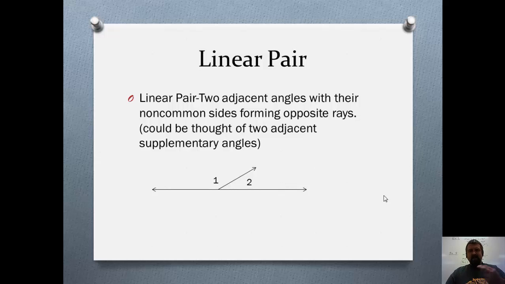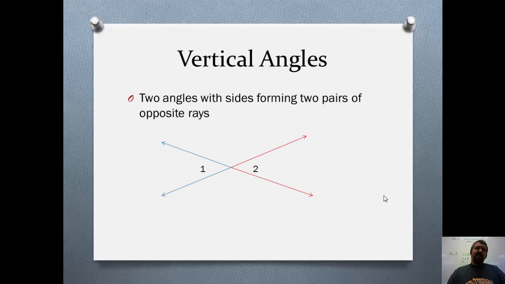The other pair that we need to talk about is called vertical angles. These are angles that have their sides forming two pairs of opposite rays. So in this example, this red angle over here, angle 2, and this blue angle, angle 1, you could think of these two as being opposite of each other, in that this side and this side form opposite rays, and this side and this side form opposite rays.